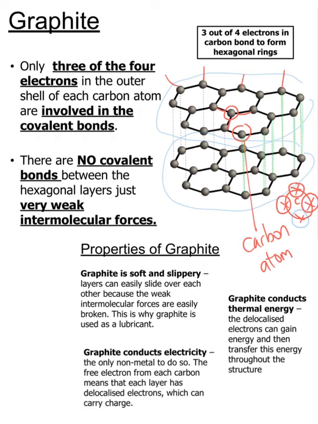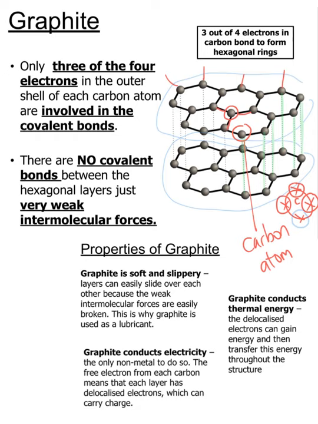Now the delocalized electrons that I spoke about give two properties of graphite: thermal energy conduction and conduction of electricity. Graphite is the only non-metal that will conduct electricity. The delocalized electrons are able to move throughout the structure, and they can then carry charge.